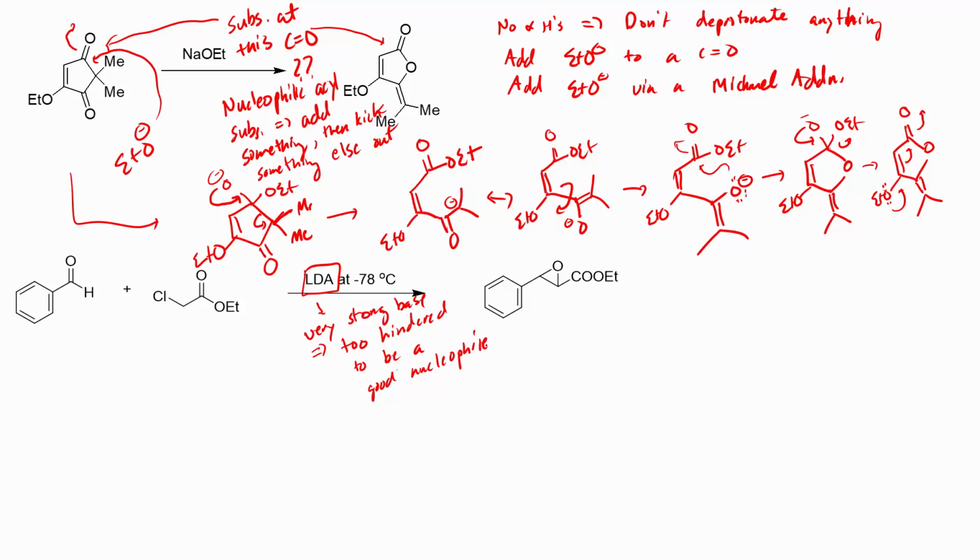It doesn't really function very well as a nucleophile. So what it does best is it removes protons. All right, let's look at all the hydrogens that could possibly be removed. We find that only these hydrogens right here are alpha to a carbonyl group. Remember, this is not an acidic hydrogen, so we can't remove that with a base.